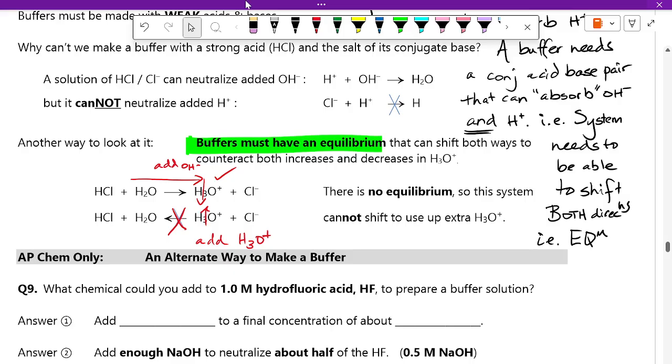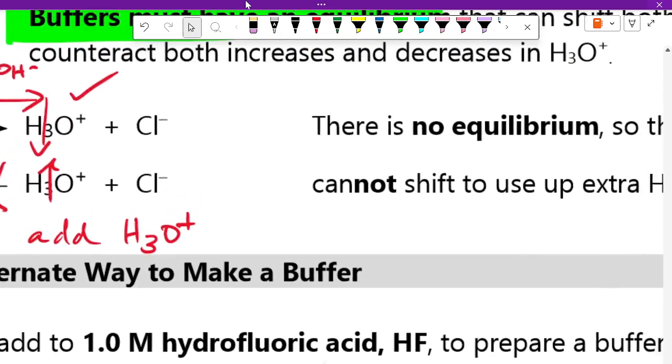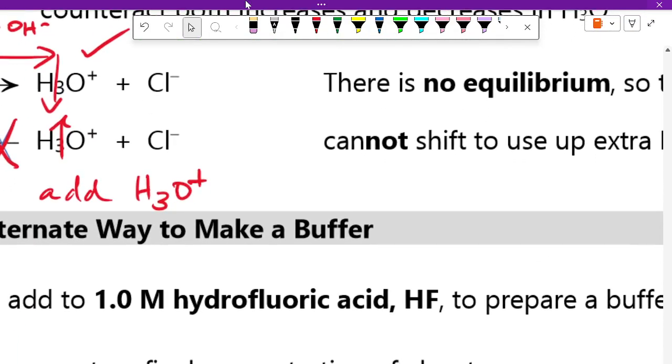There is an alternate way to make a buffer. You need an acid and you need its conjugate base. Can you think of a way to take an acid, say hydrofluoric acid, and add something to it so you would get its conjugate base? You could add OH minus.